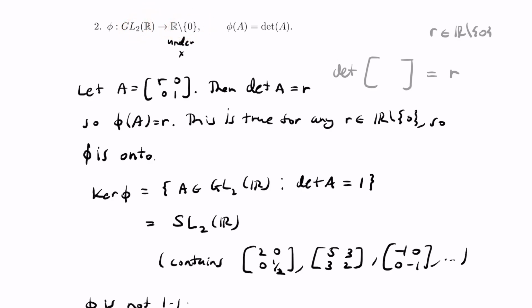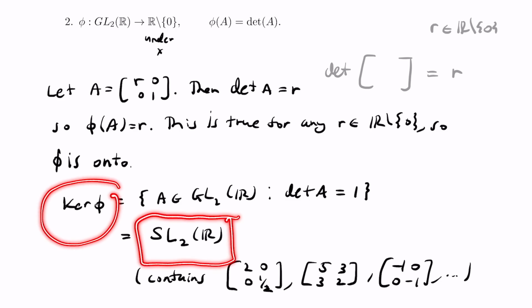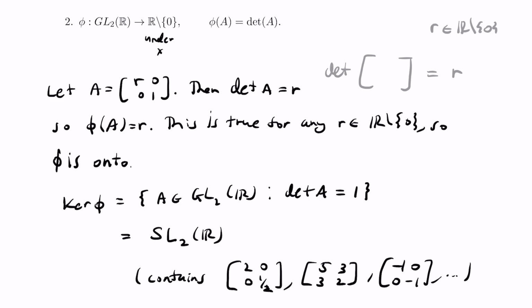But there's something more interesting that's popping out of this. Before, to prove that this was a subgroup, we had to actually use something like a subgroup test. But now we don't. As soon as we establish that some set is the kernel of a homomorphism, it's automatically going to be a subgroup. So SL2R, the determinant 1 matrices, are automatically a subgroup of our original space of 2x2 matrices.